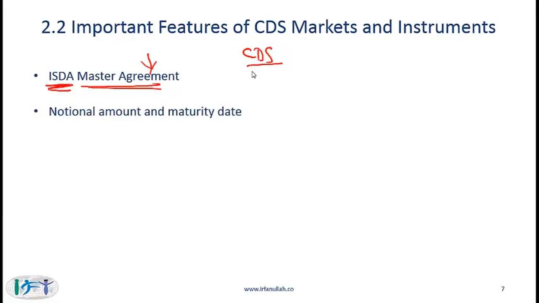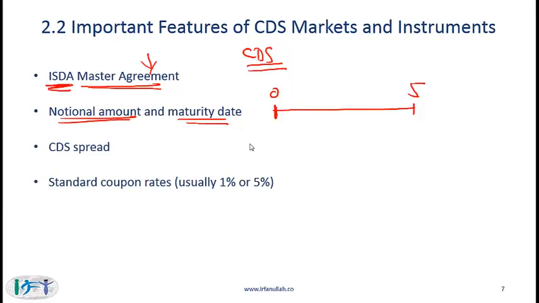Whenever two parties engage in a credit default swap, clearly there needs to be a notional amount which has to be specified and a maturity date. A typical maturity date is 5 years from when the contract is signed. This is an important concept that we'll talk about here and then in more detail later.